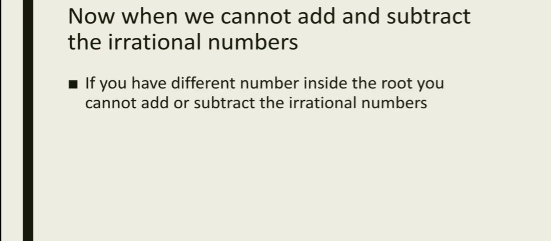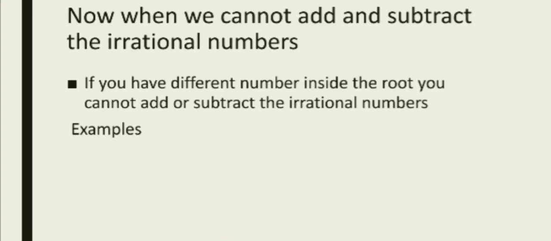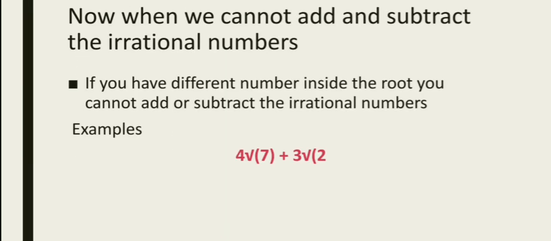Here in the case of irrational numbers, if you have different numbers inside the root, you cannot add or subtract the irrational numbers. Example, 4 root 7 plus 3 root 2. Here inside the root you have 7, there you have 2. So in this case you cannot add these two irrational numbers.